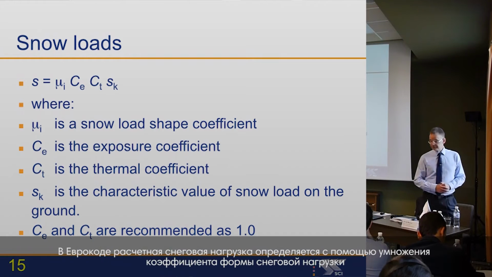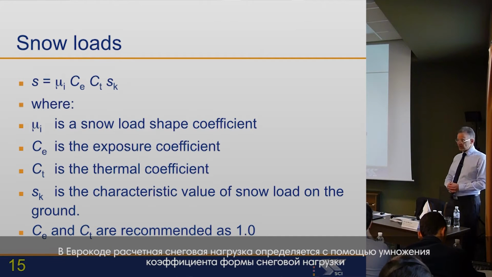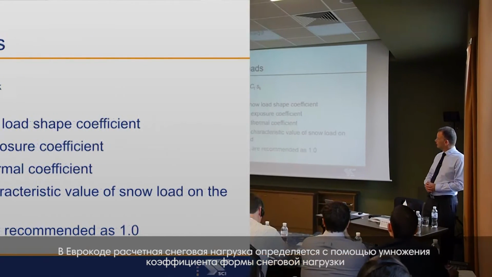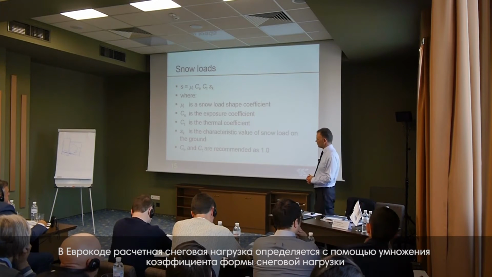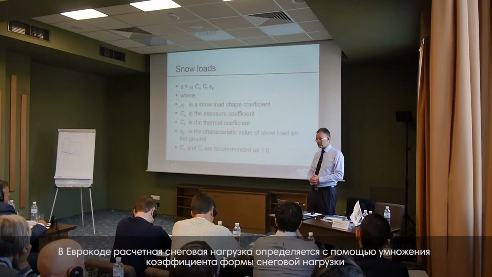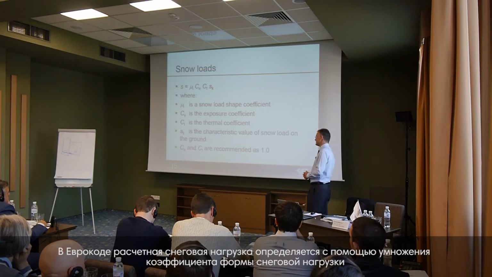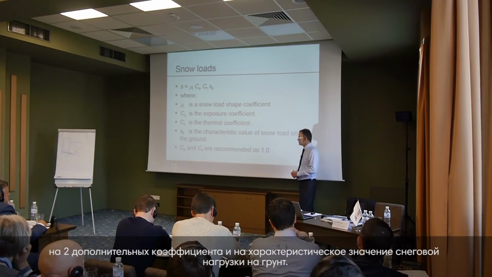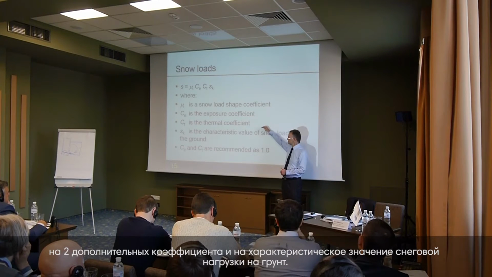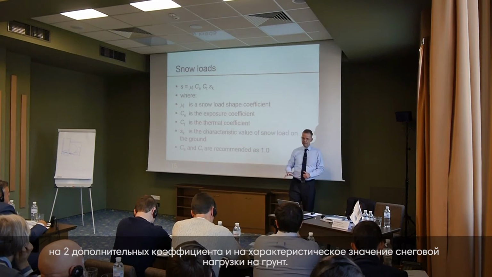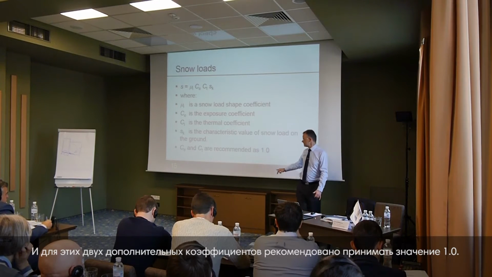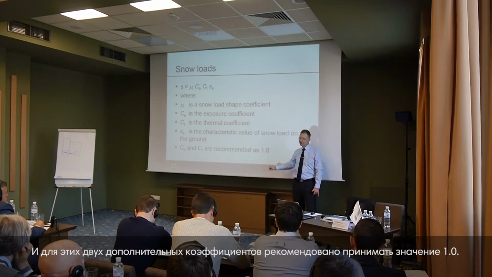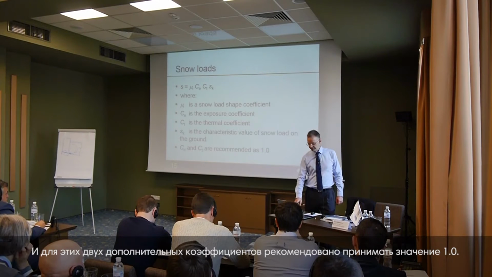In the Eurocode, the design snow load is a shape coefficient, and some tricky words to translate here, I think, multiplied by two factors, multiplied by the snow load on the ground. The recommendation is that these two factors are set to be 1.0.